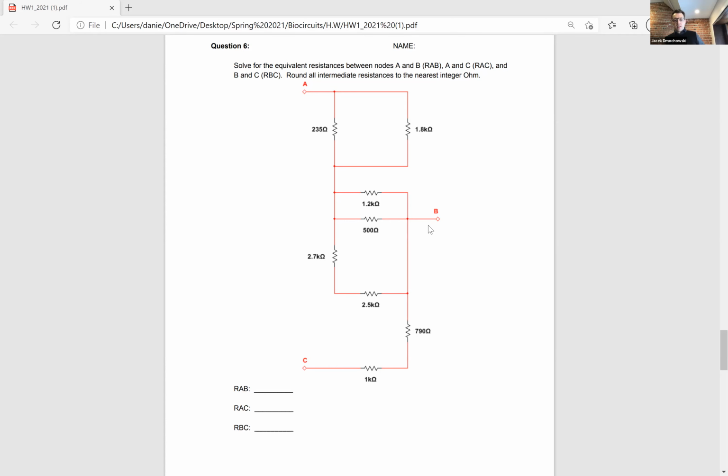Yeah, but the 2.7 and the 2.5 are still going to have an influence. If you just look at the node right before the 1.2 kilo ohm resistor, to go from there to point B, you have 3 different ways, and all 3 need to be accounted for.